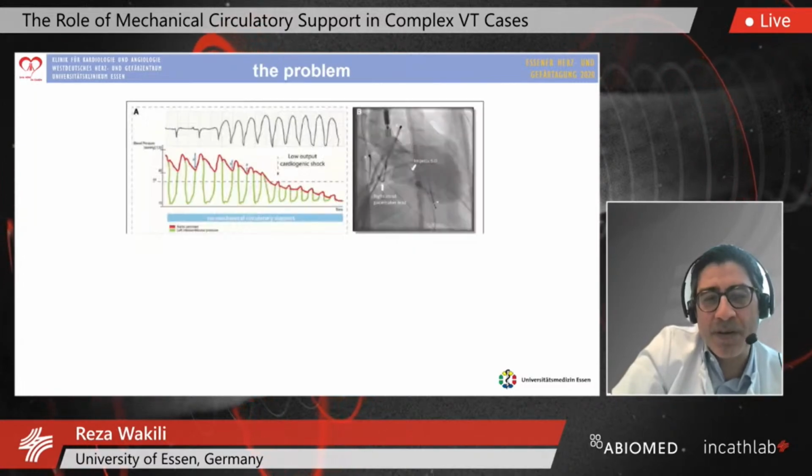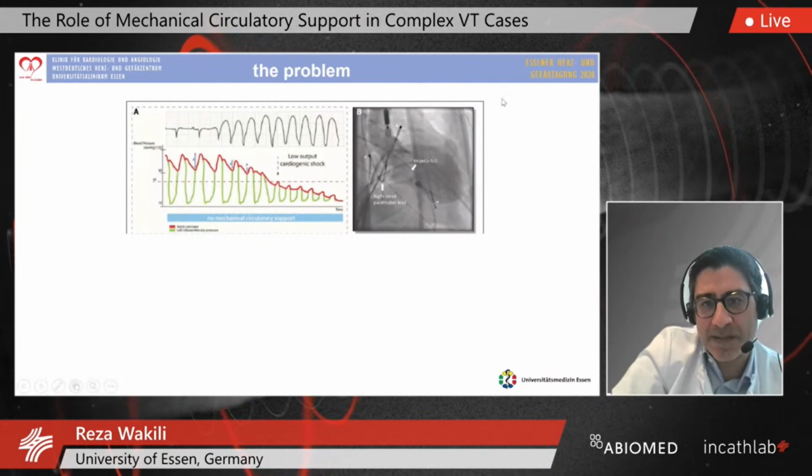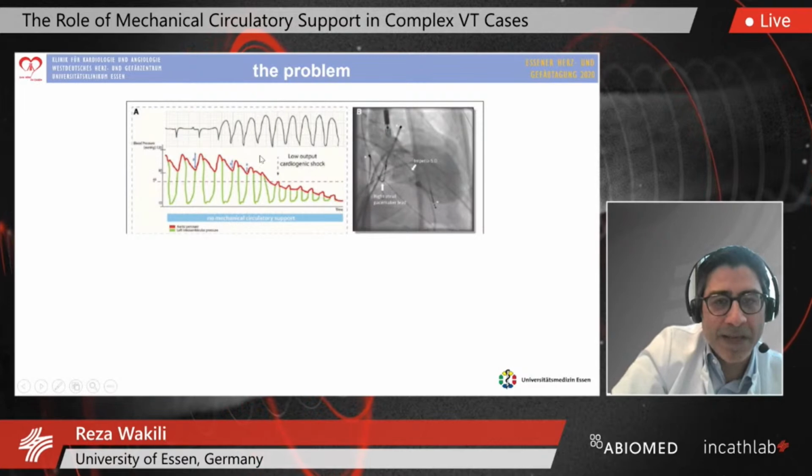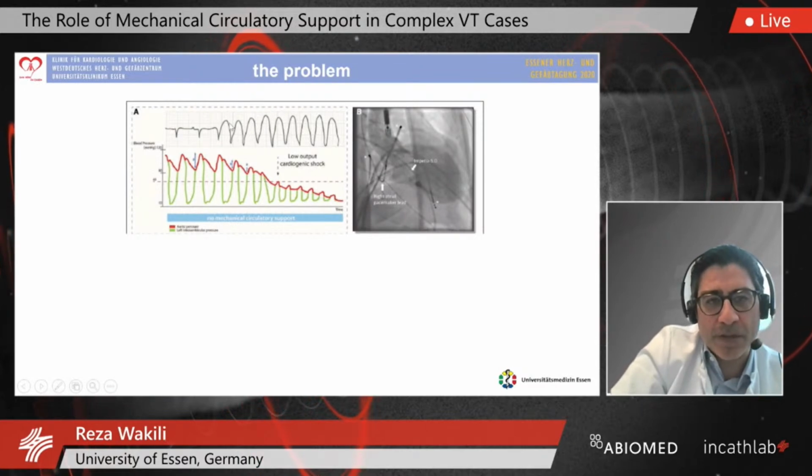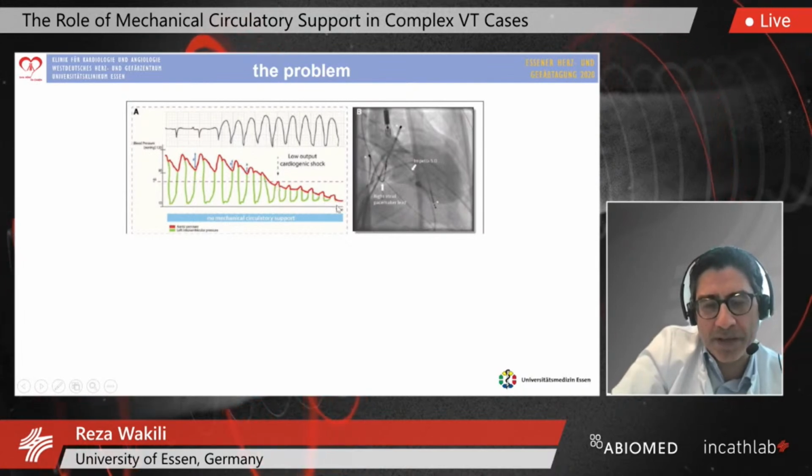And this includes hemodynamic support in these patients. This is a picture of Impella 5.0. This is a really big device. We use the CP. Here you see an illustrative picture. This is the rhythm. You see onset of VT and you see low output cardiogenic shock.